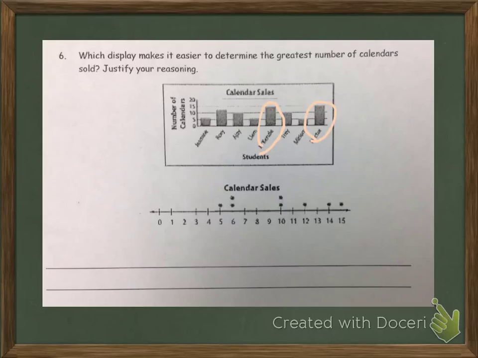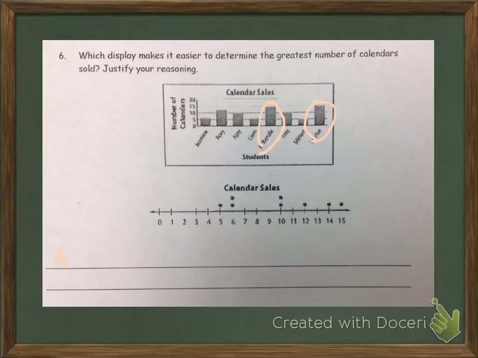So even though these show you the modes, who had the most number of calendars sold, we want a numerical value if possible, and the dot plot just immediately shows you the numerical value.